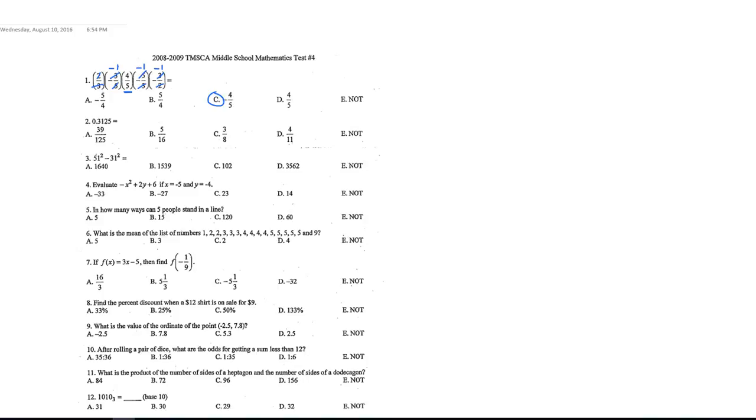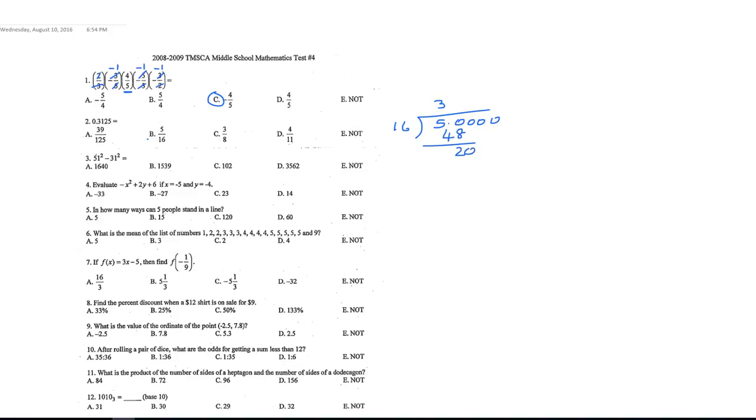Question number 2. 0.3125 is equal to which one of these fractions? So let's start with B, which is 5 over 16. Let's divide 5 by 16. So 16 times 3 is 48.